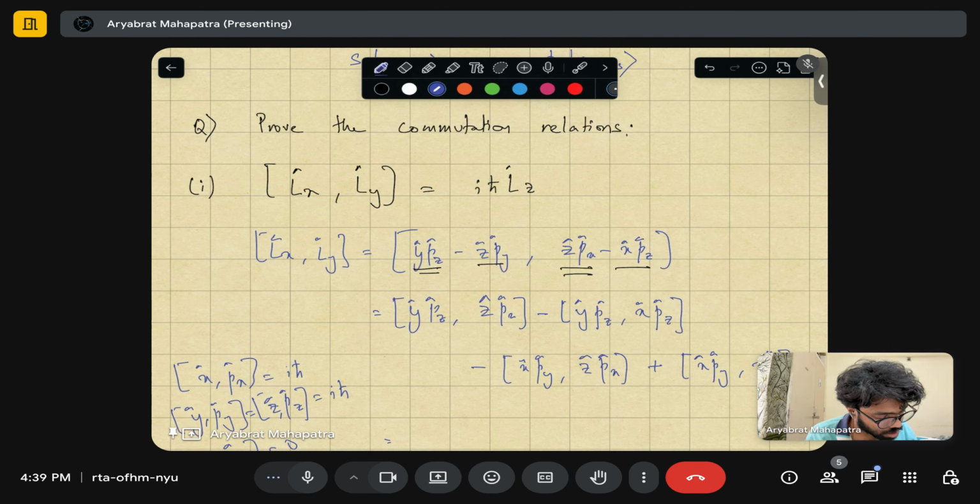Then z py. Yeah, I think now this is fine.